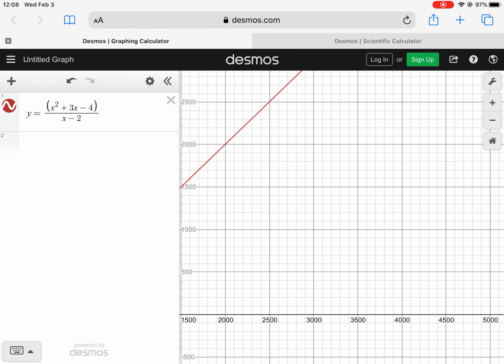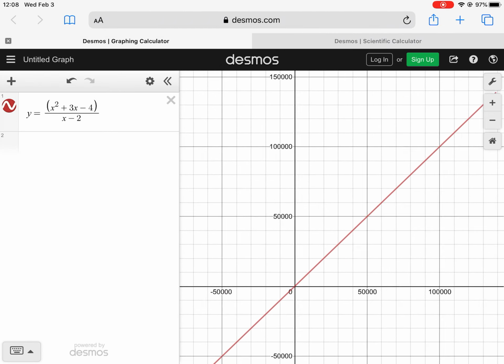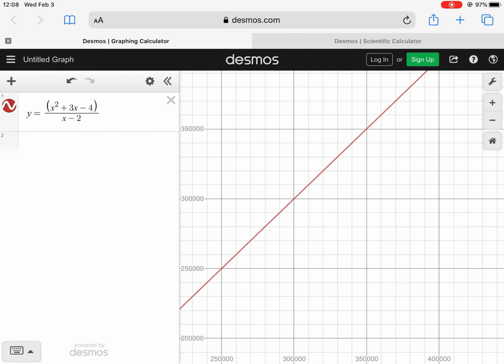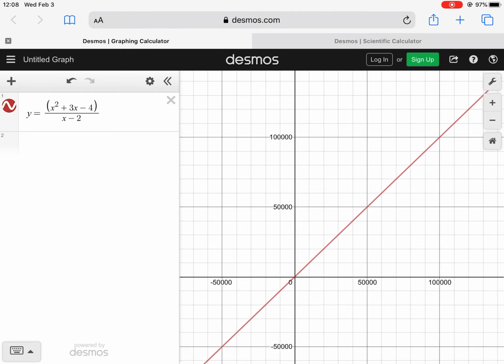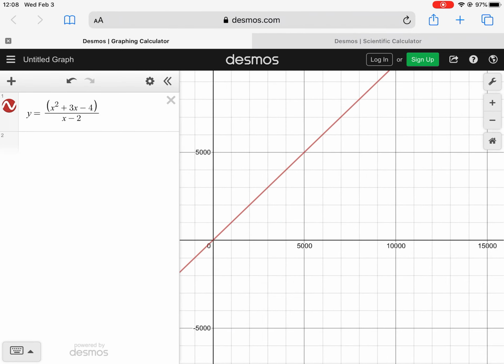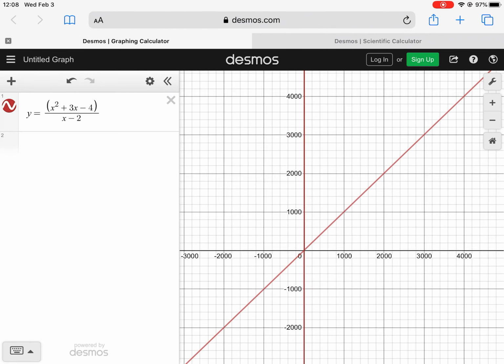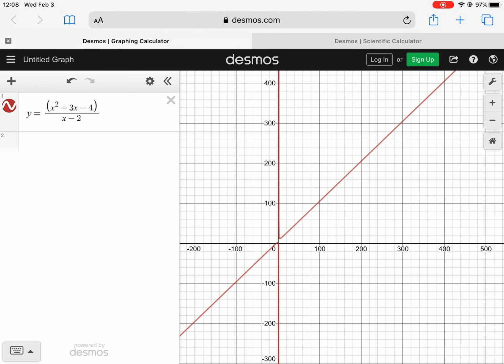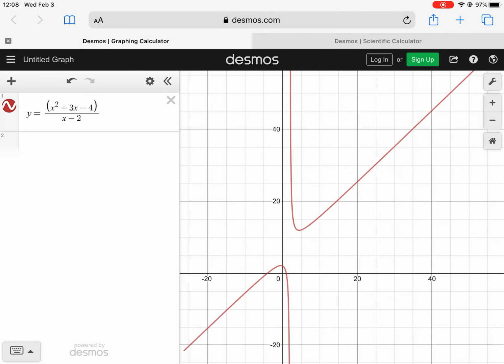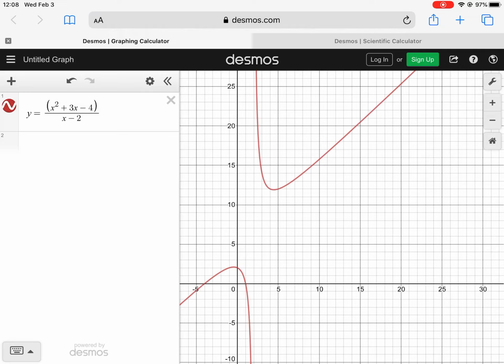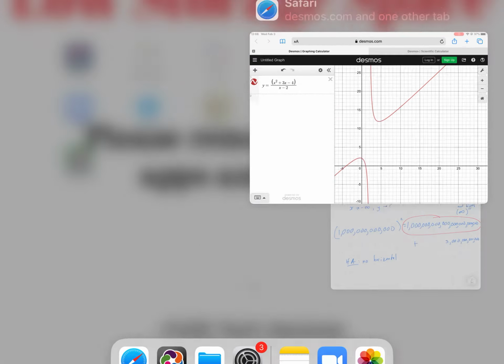Notice as I go to very, very large values of x over here, y continues to increase forever and ever and ever. It actually kind of looks like a line. That's why it's called a slant asymptote. But for now, all you really need to know is that there's no horizontal asymptote.